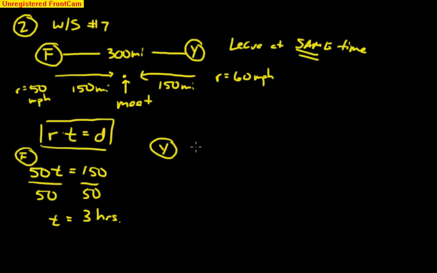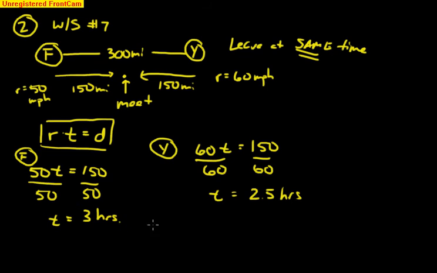You're driving 60 miles per hour for some time, and you're only traveling 150 miles. Divide by 60 to get t alone, and you will see that t equals 2.5. So it only takes you 2.5 hours. If you subtract the two times, 3 minus 2.5, you're going to be waiting for half an hour. 0.5 hours is how long you'll be waiting. Half hour, 30 minutes, it's all the same. So there's a word problem.